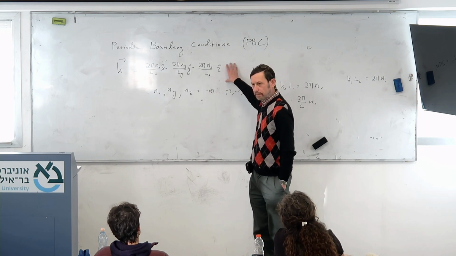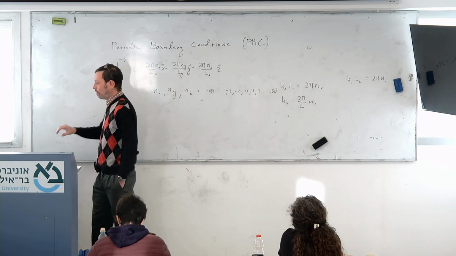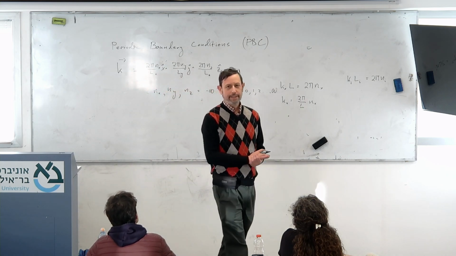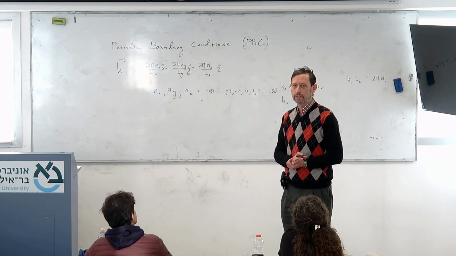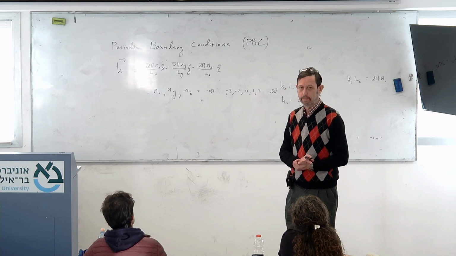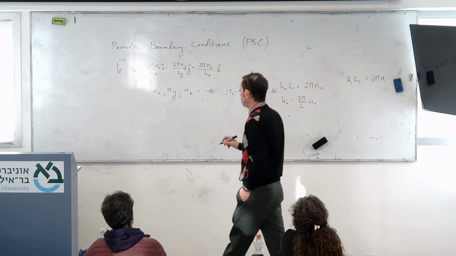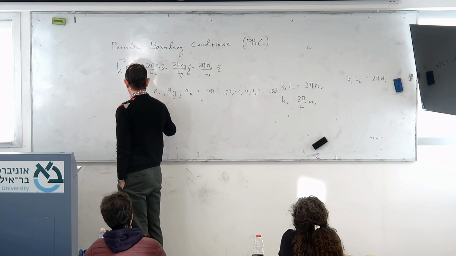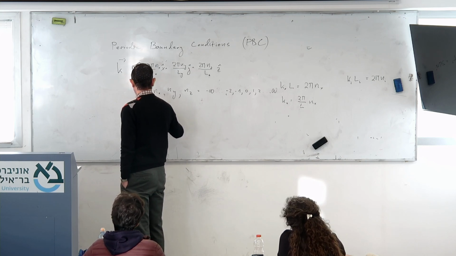And that's the answer. Let's say I go and solve my Schrödinger equation for these periodic boundary conditions. What are the energies, the eigenvalues of the energies? In this case, h bar squared k squared over 2m, right?